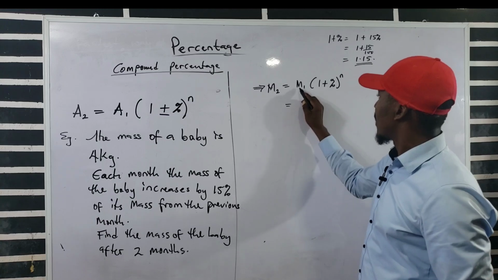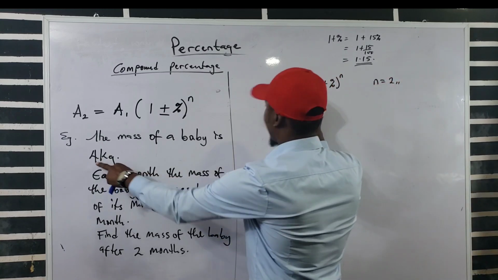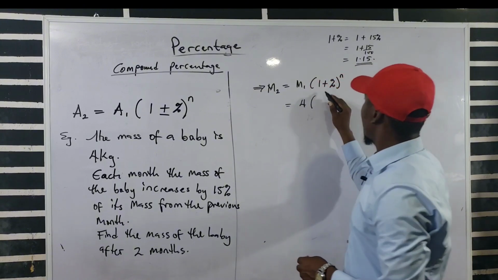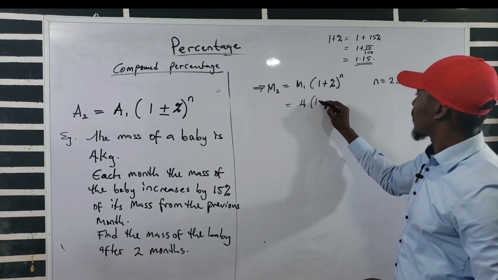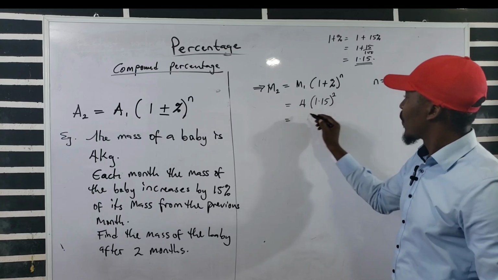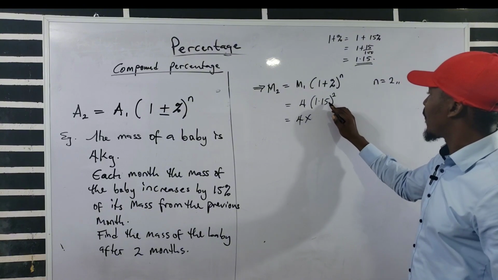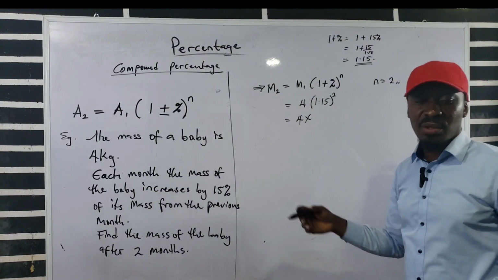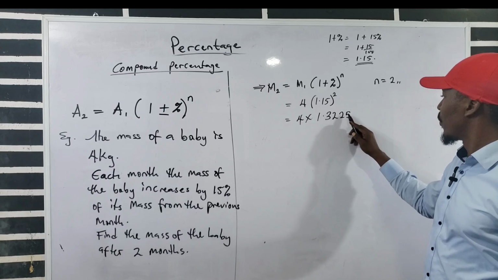That will give us M1, which is the mass where we started from, 4, times 1.15 to the power n. So 4 times 1.15 squared. Use your calculator, you will get 1.3225.